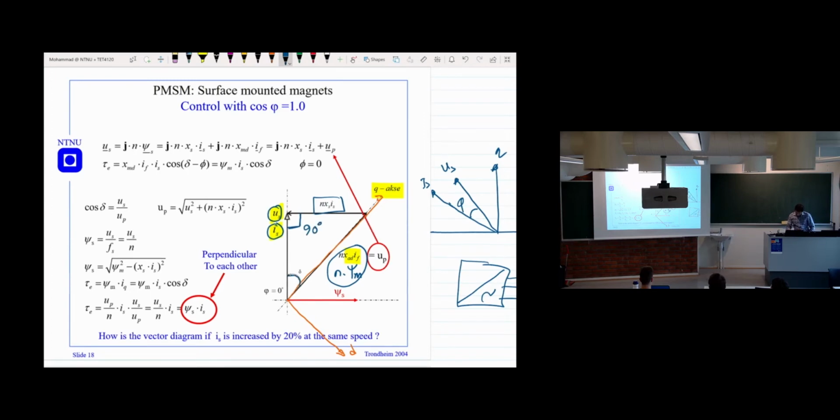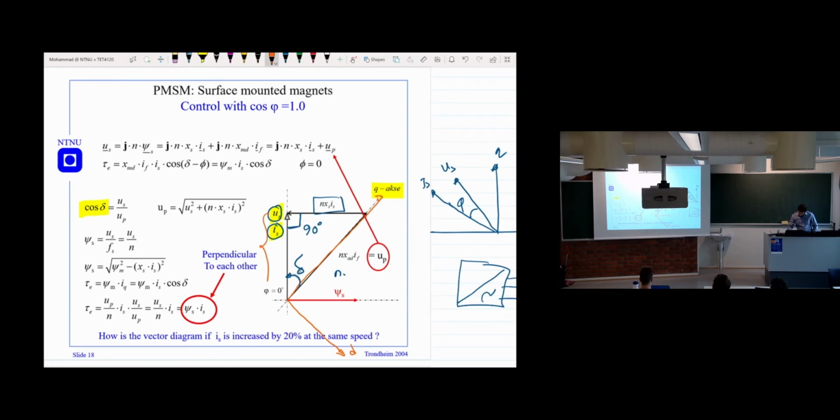And this is the angle delta, the angle between the Q axis and the voltage vector. So from this, we can write cos delta, according to the definition, which is US.